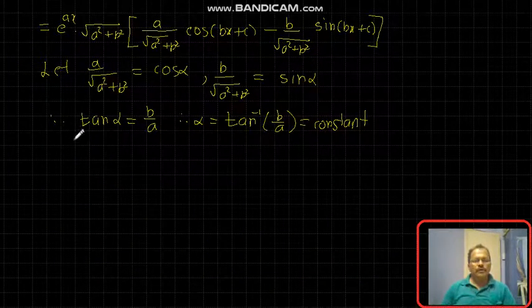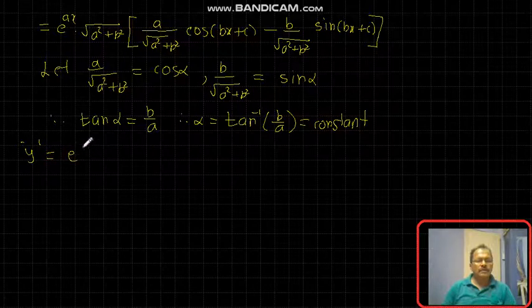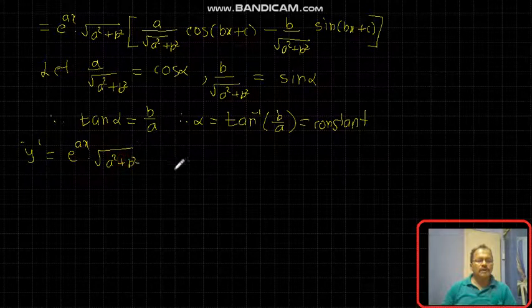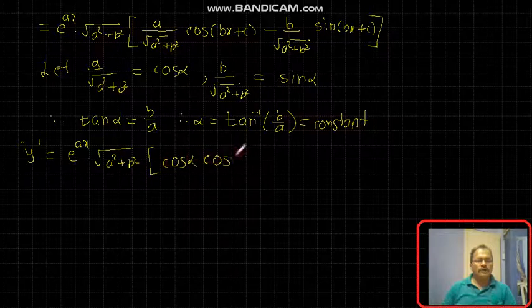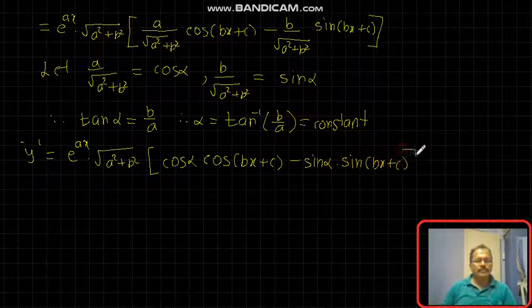And therefore using this substitution I get the derivative y dash is equal to e raised to ax into square root of a square plus b square into cos alpha cos(bx plus c) minus sin alpha into sin(bx plus c), because a upon under root is cos alpha and b upon under root is sin alpha.